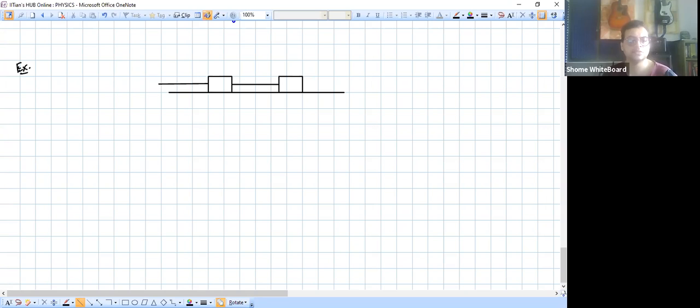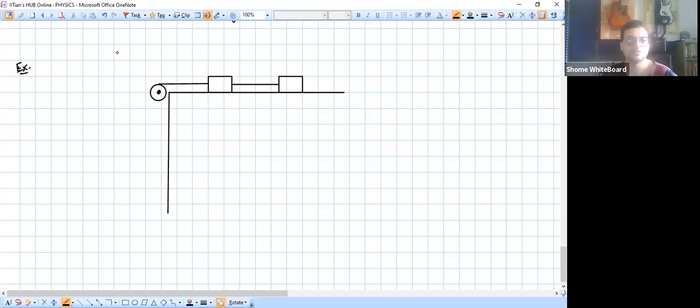And the thread is going around a pulley like this. So this is like a table or something. Yeah, the pulley is fixed.